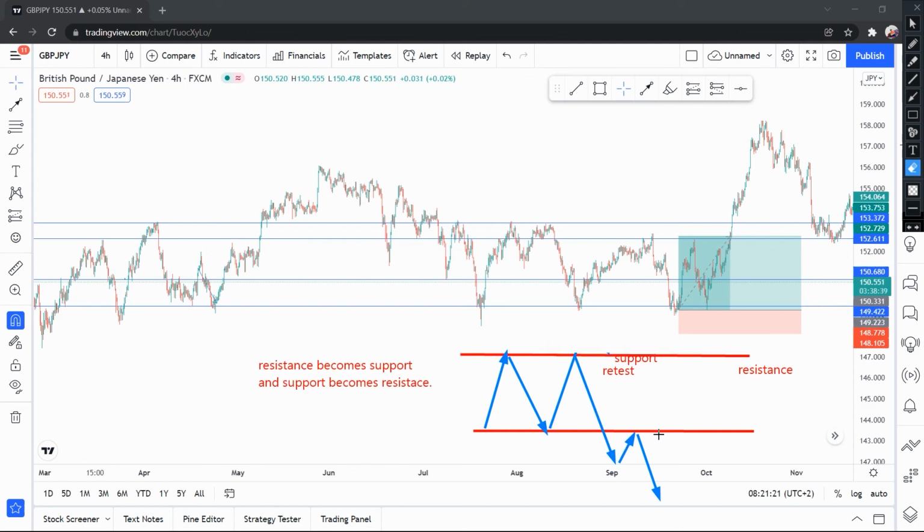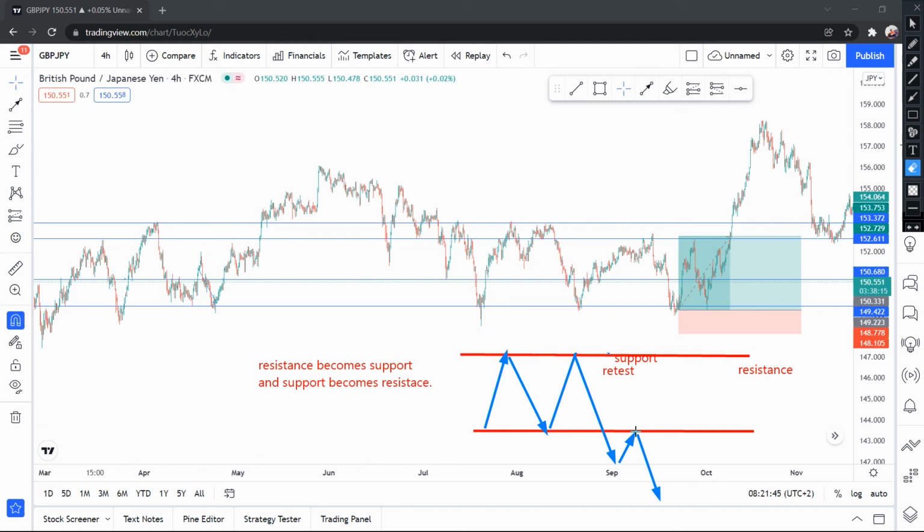Again, you are going to see that this was the support level, because the market was reaching here, and then it would be pushed back up being supported, but now it has been broken, so this is now going to be the resistance level.